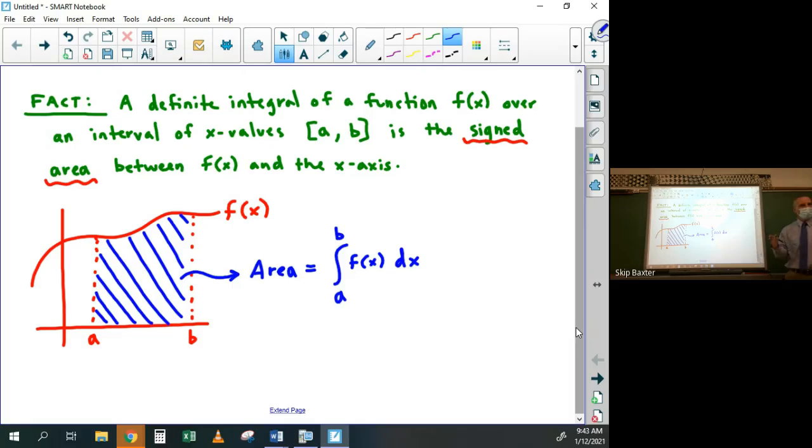It seems a little like a stretch, but all right. So we'll talk about why it is later. It's sort of like the three-dimensional equivalent of the slope of the tangent line, kind of, maybe. I don't know.